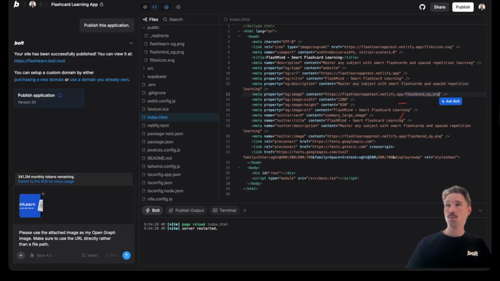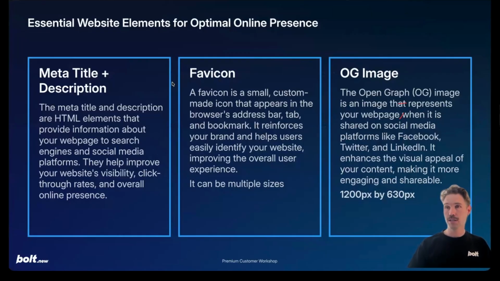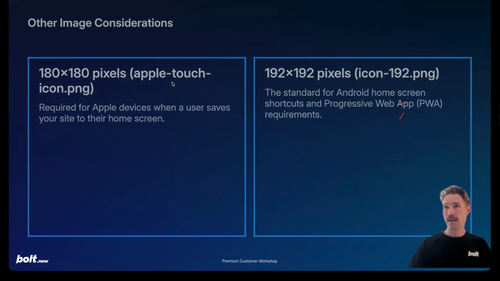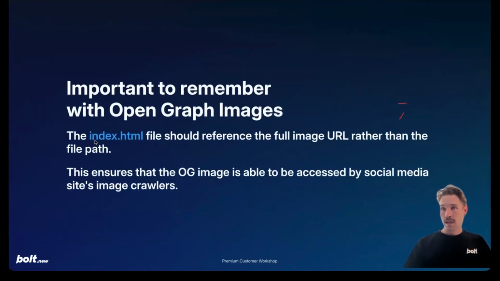And the reason why that's important is the index HTML file should reference the full image URL rather than the file path. This ensures that the open graph image is able to be accessed by social media sites' image crawlers.